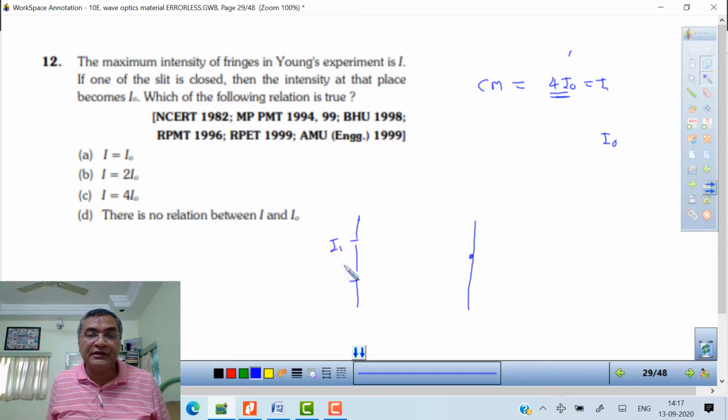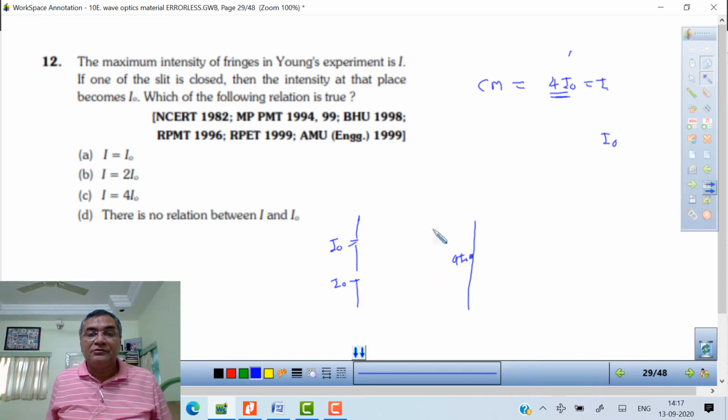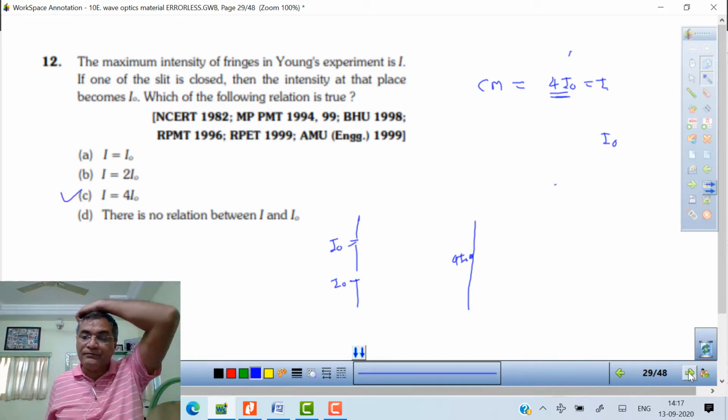Suppose each is I0, it becomes 4I0. When you remove one slit, it immediately becomes I0. So 4I0 is called I and this is I0. So what is the relation? I is equal to 4I0. This is our relation.